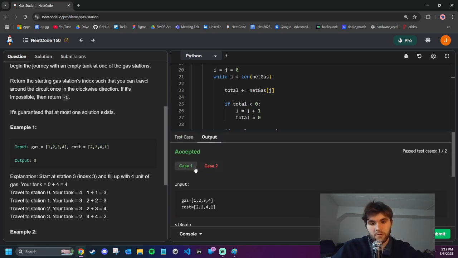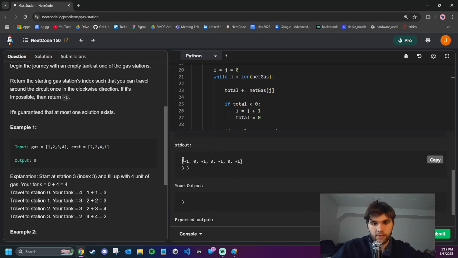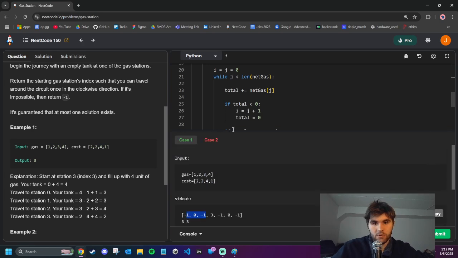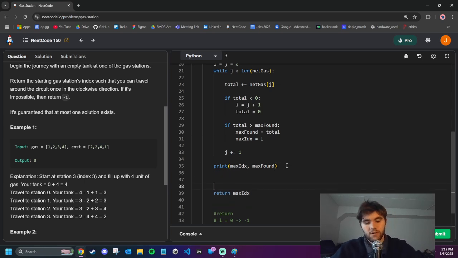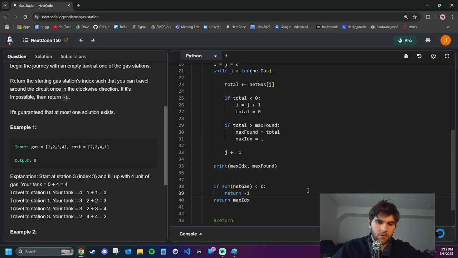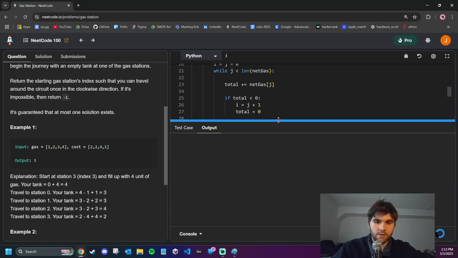Let's look at the sum of differences in the other one. So here it does seem possible, because if we start with 3, maybe I could just try that. So if the sum of net gas is less than 0, return -1. And I'm thinking that may mean it's not possible.